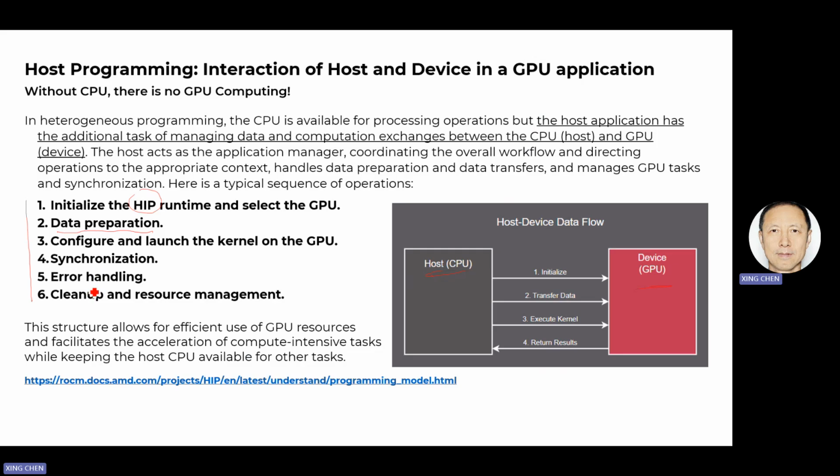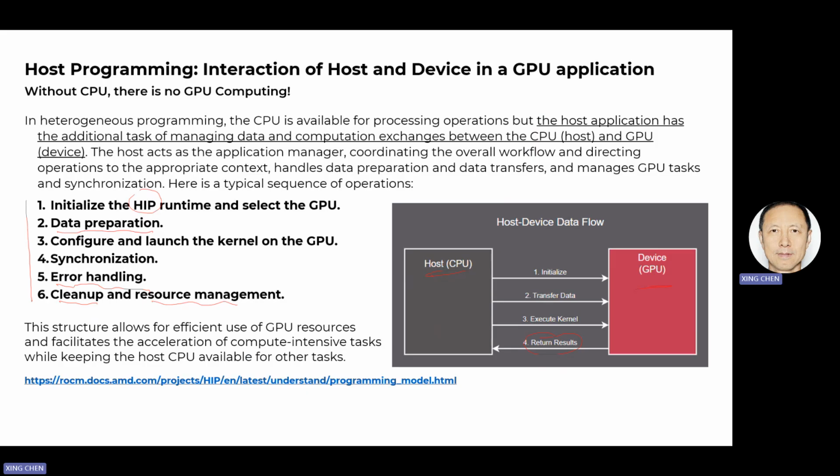And if the GPU reports an error, it's the responsibility of the CPU to do the error handling. At the end of the day, it's the responsibility of the CPU to clean up and do the resource management. Now, most importantly, the CPU needs to copy the data back from the GPU to the CPU, because this is the place you need to have the data in.